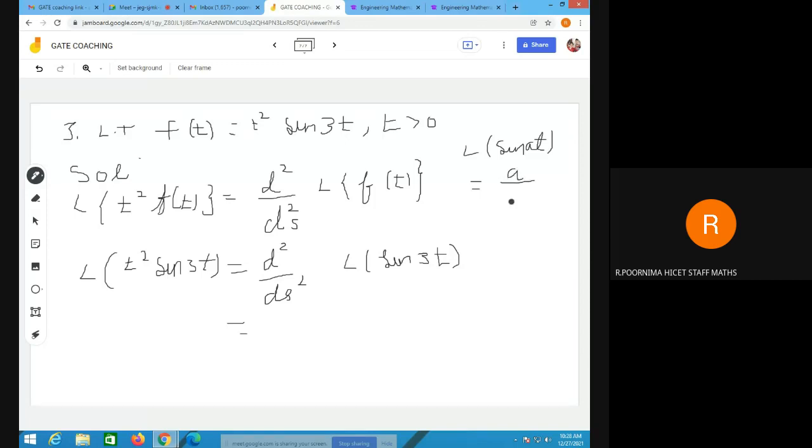It is a by s square plus a square. This is the result of Laplace of sine at. So Laplace of sine 3t means three by s square plus 9.